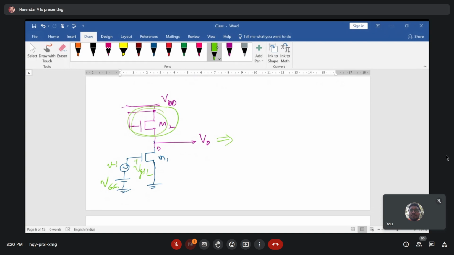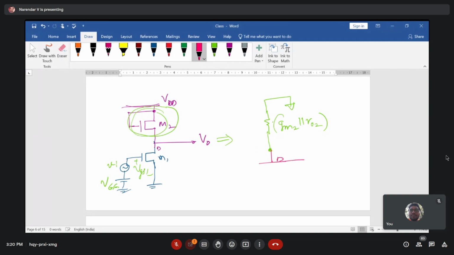If I write it the same, this is GM2 parallel with RD2 or R02, which is connected to ground for a small signal model. And here we have the small signal model of the transistor. So this is the drain terminal of the first transistor.